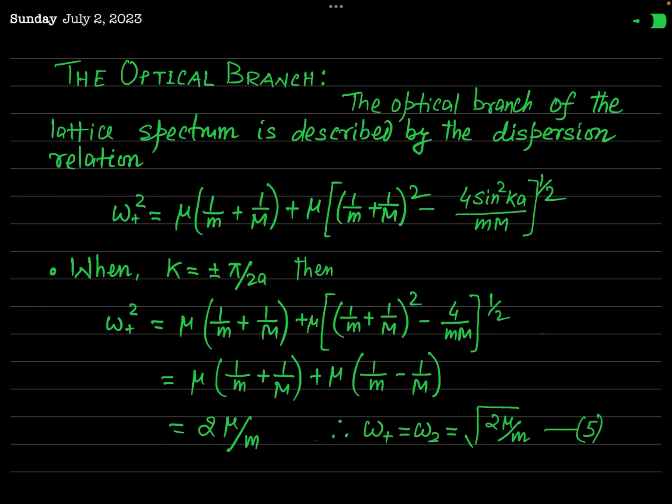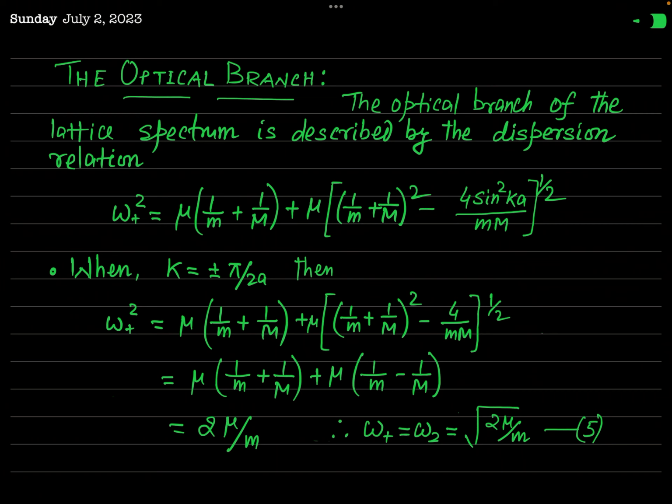All these facts were related to the acoustical branch of the lattice vibration. Now we are going to see the important facts of the optical branch.